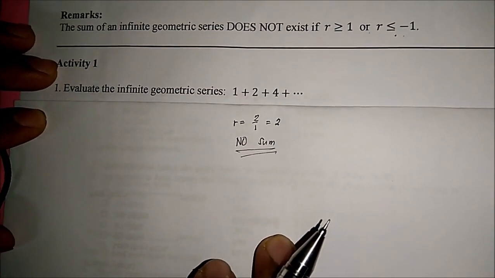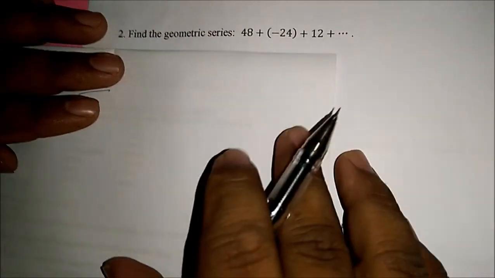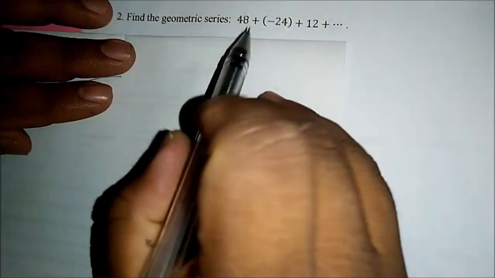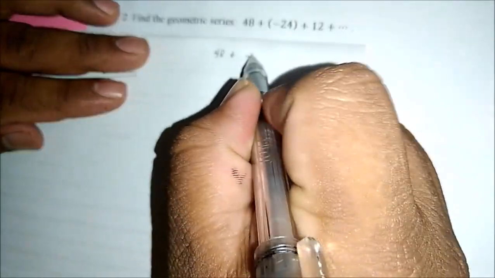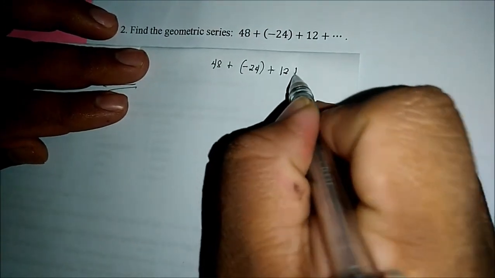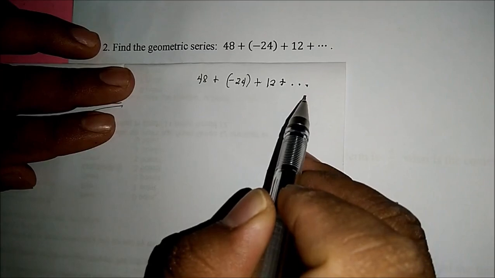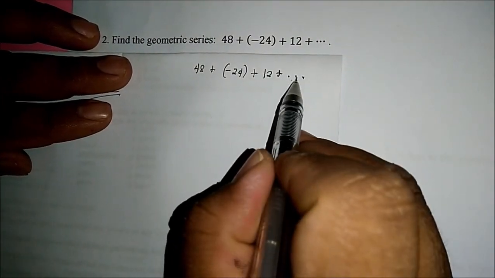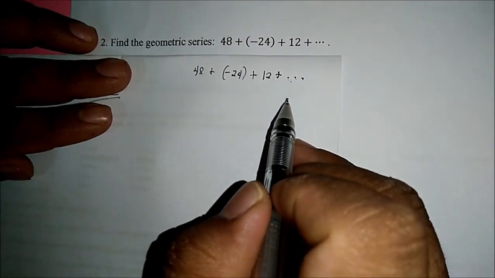Okay, next, let us have number 2. For number 2, we want to find the sum of the geometric series 48, then negative 24, then positive 12, up to infinity. So remember, the ellipsis indicates that the sequence is infinite.